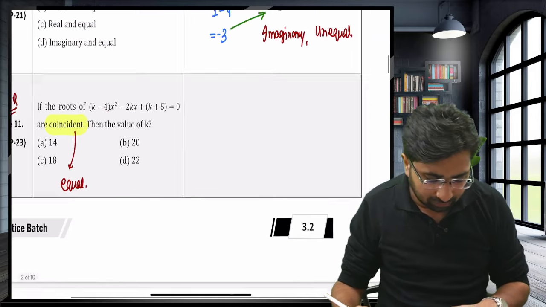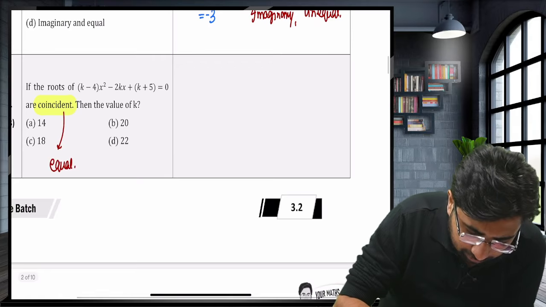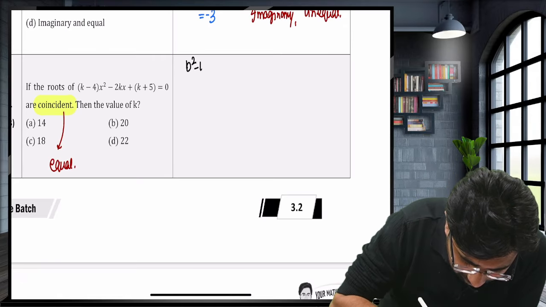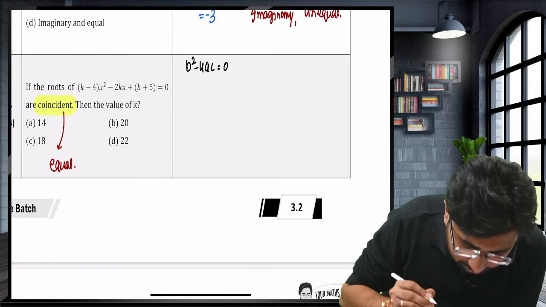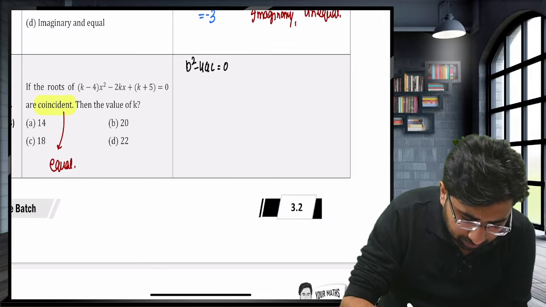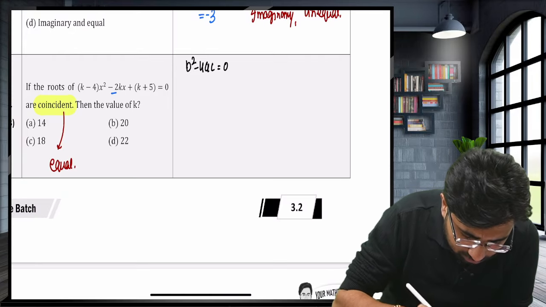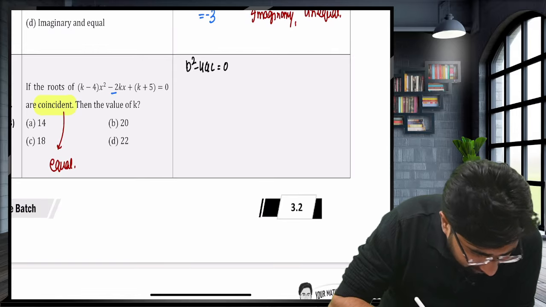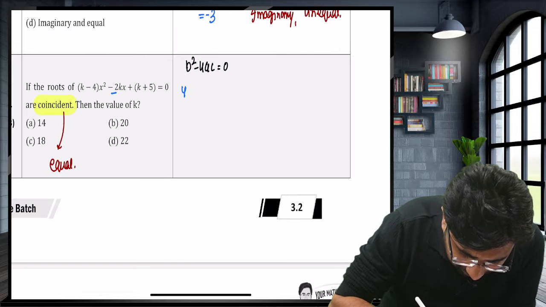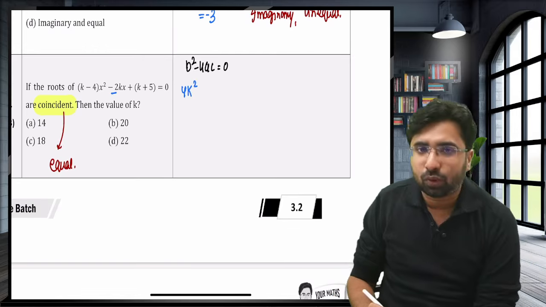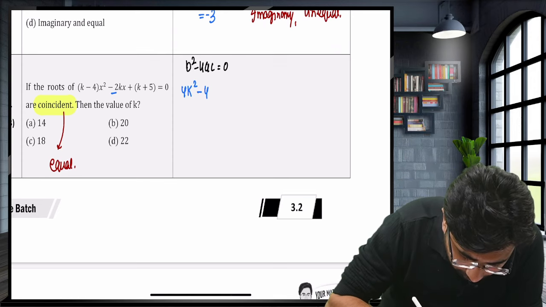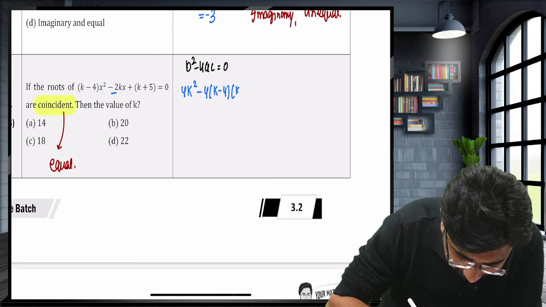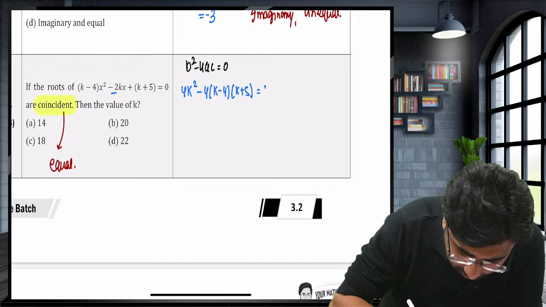A very good question. If the roots are equal, we know one thing, that is b square minus 4ac is equal to 0. So what is b square? It is minus 2k square, that is 4k square minus 4. What is a? k minus 4. What is c? k plus 5, equals 0.